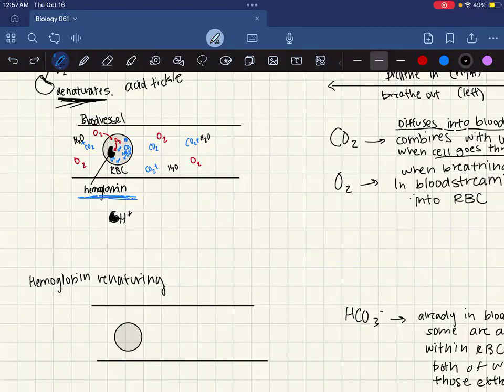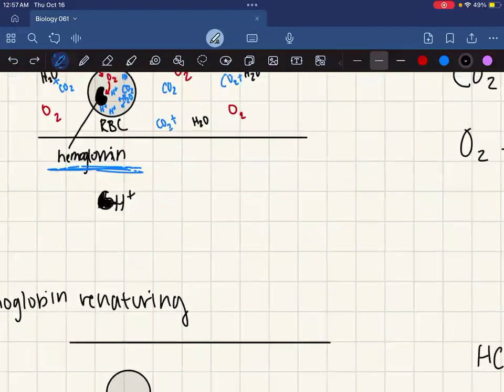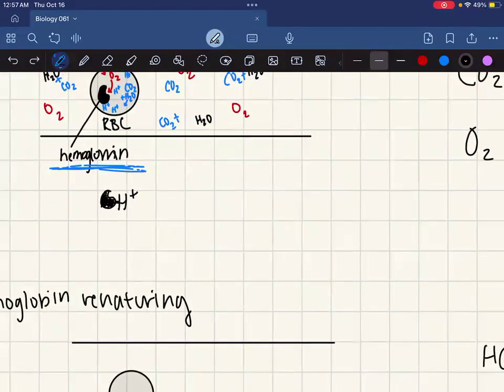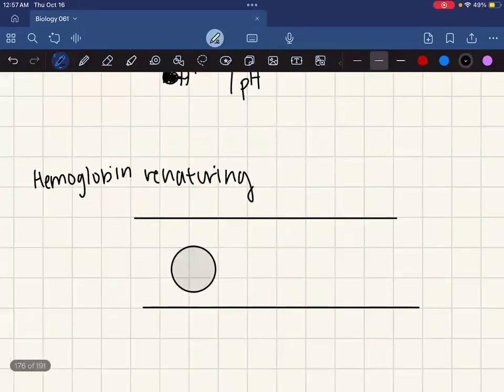And because the pH raises back to a normal range, we need to be able to renature our hemoglobin by the time the red blood cells carrying it get back to the lungs, so it can pick up more oxygen.